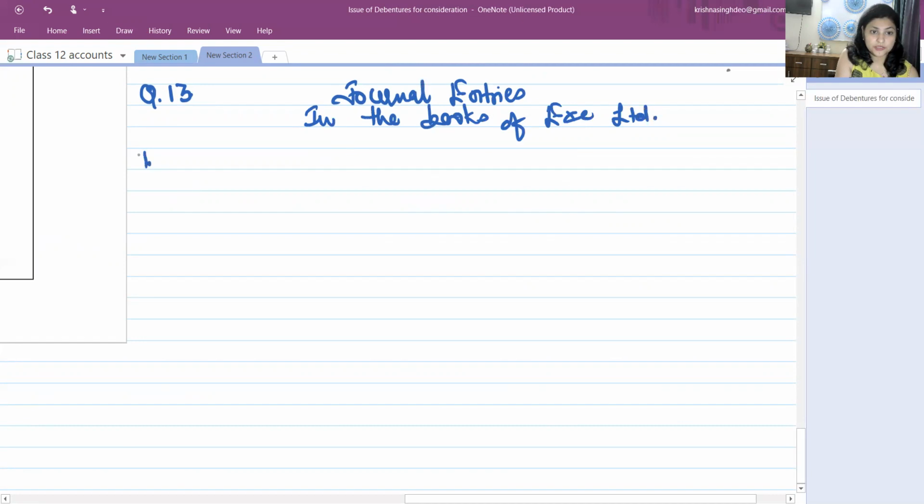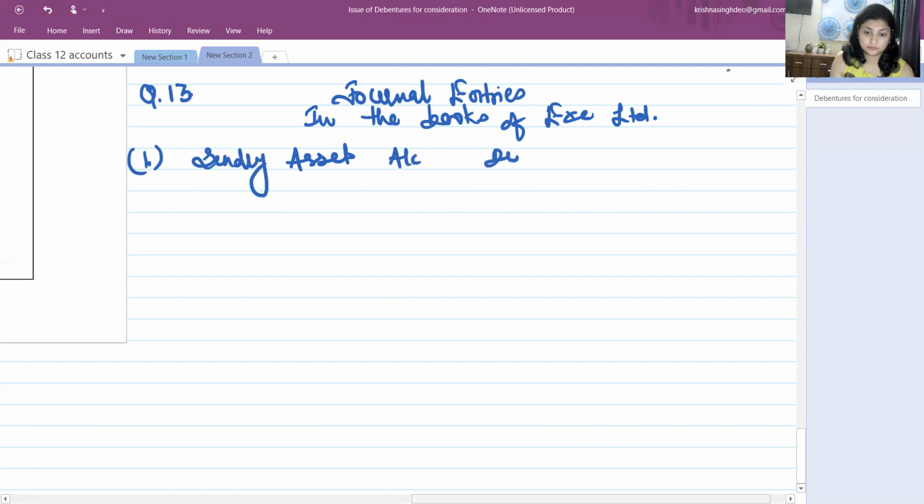The first entry is going to be, and I'm assuming you will make the format on your own and even write the narration. The first entry will be sundry assets account debit, to sundry liabilities, to Mohan Brothers.